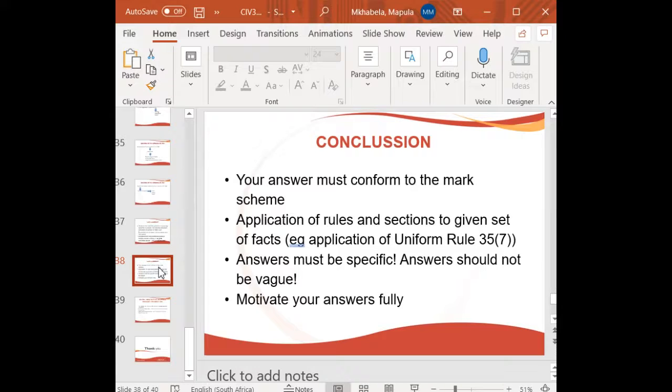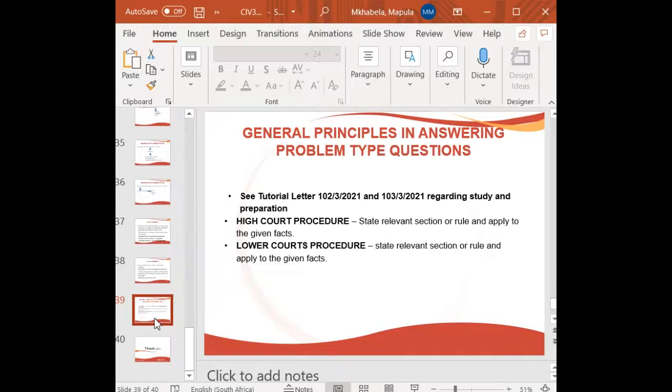Application of the rules and sections to given sets of facts, for example, application of the uniform rules, and answers must be specific. They should not be vague, and also motivate your answers fully in order to be marked correctly. Ladies and gentlemen, when you are dealing with the High Court procedure, state relevant sections or rules and apply them to the given facts.